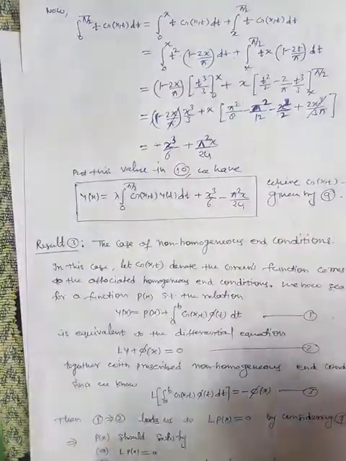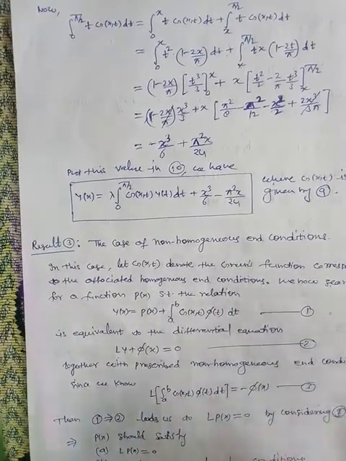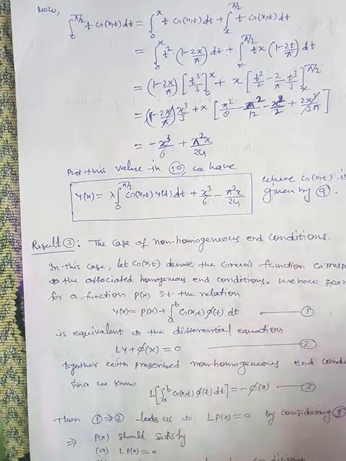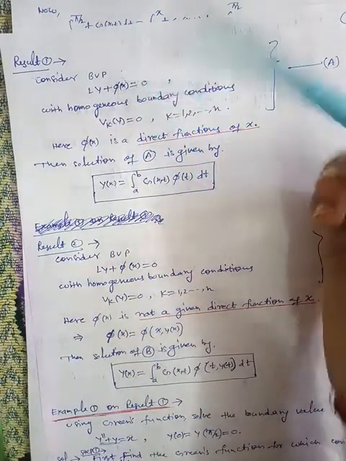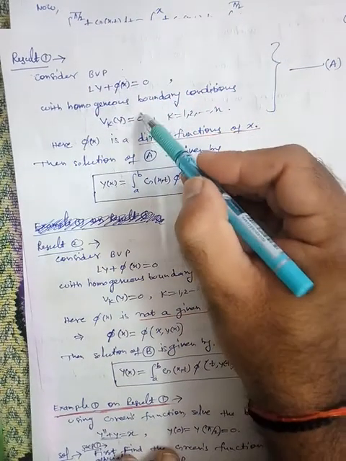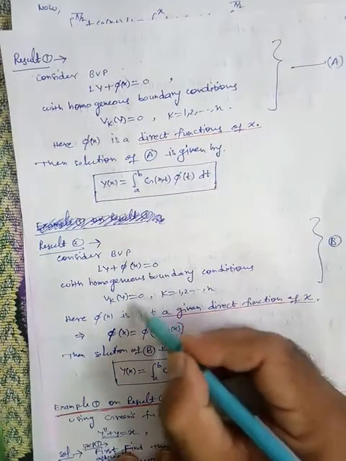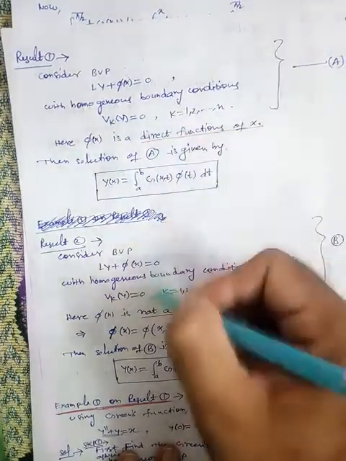Now we will have result number 3. Result number 3, the case of non-homogeneous end conditions. If you will see here in these two, we have homogeneous part 0, all the conditions are equal to 0, so this is a homogeneous boundary condition.